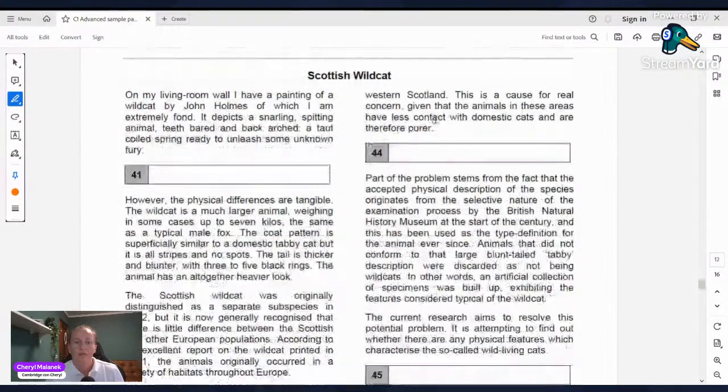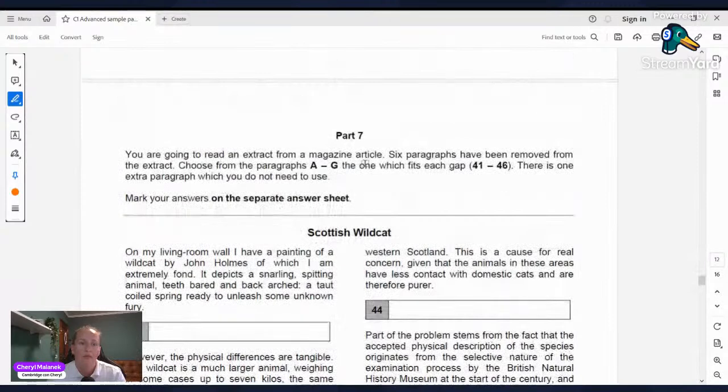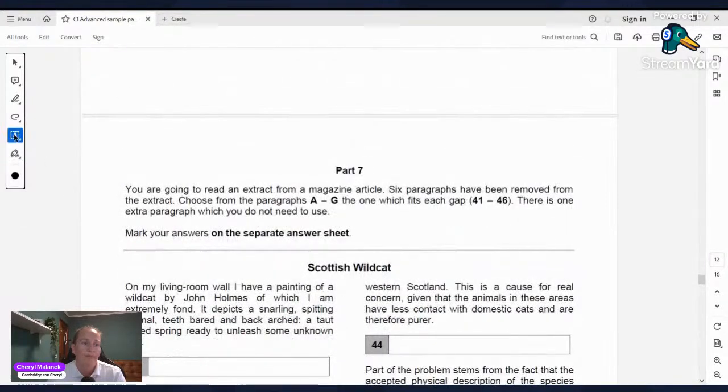Okay, so in this part of the exam, I'm going to be looking predominantly for words like this, that, these, and those, determiners. I'm going to be looking for articles like a and the.